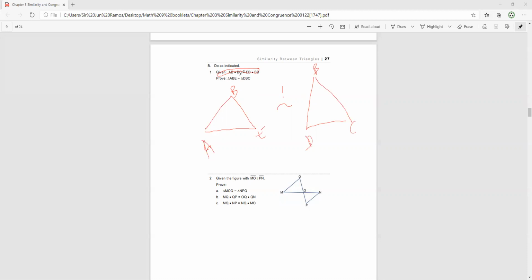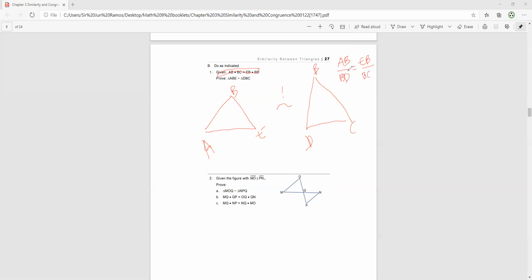Here, AB times BC equals EB times BD, so I can write those as ratios. AB is to BD as EB is to BC, transferring by MPE.